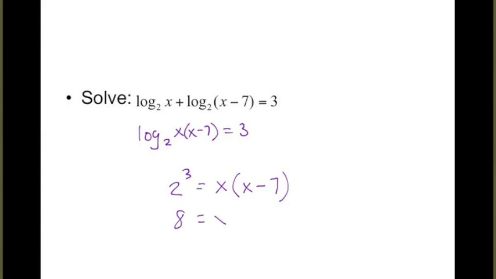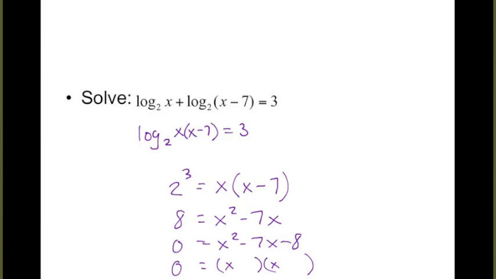2 cubed is 8, and I'm going to distribute over on the other side. Subtract the 8 to get everything on one side for the quadratic. And I'm going to choose to solve by factoring.